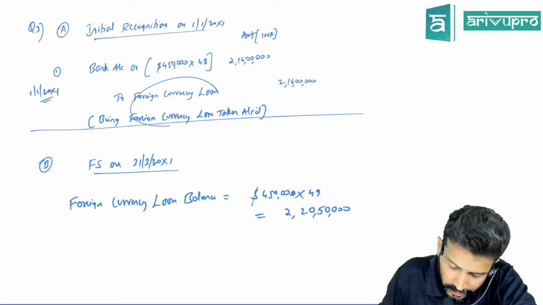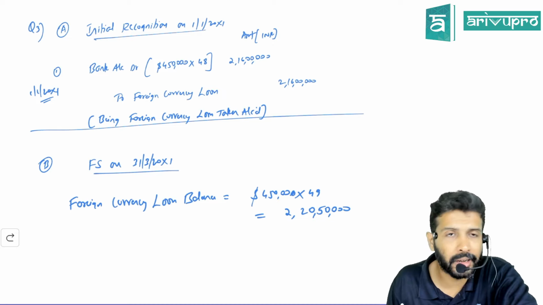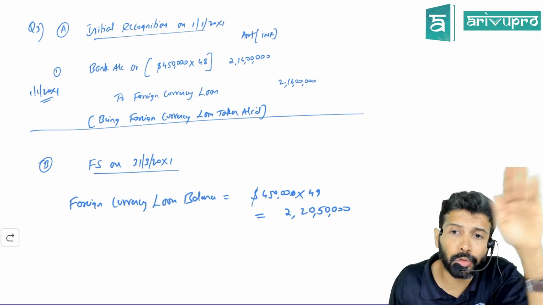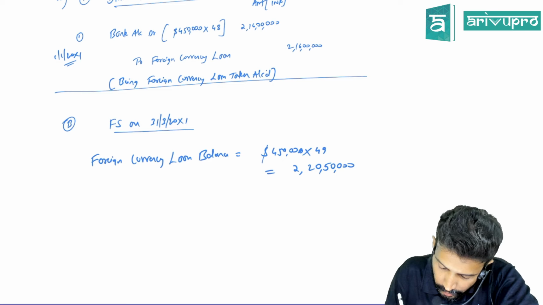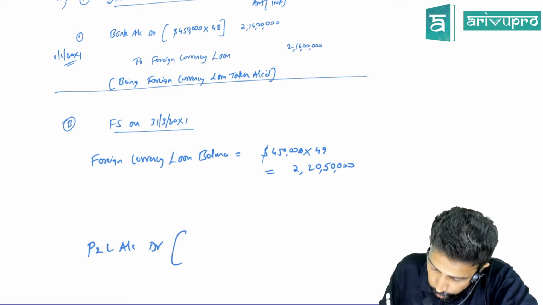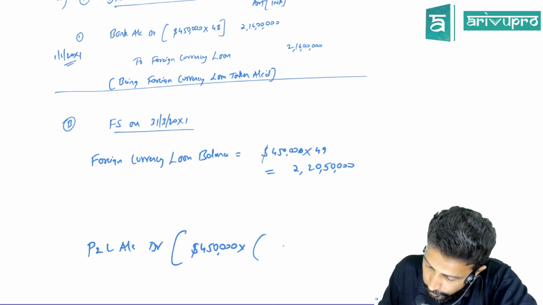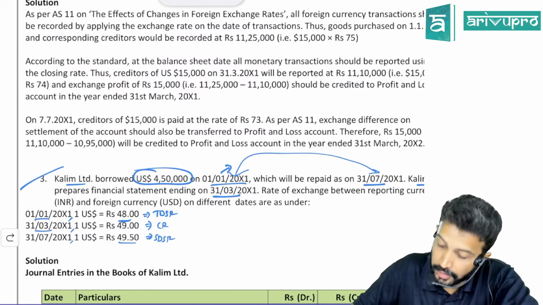So loan balance you need to further reduce or increase? Increase. Loan is a liability. It has a credit balance. How do you increase it, sir? Credit it again. What will you debit? First of all, this loan balance is increasing only due to forex fluctuation. Yes, so you can write here P&L account debit. Okay. $450,000. You can also show it like this. Currently, you have converted this loan at 48, but it should be shown at closing rate. What is the closing rate? 49.